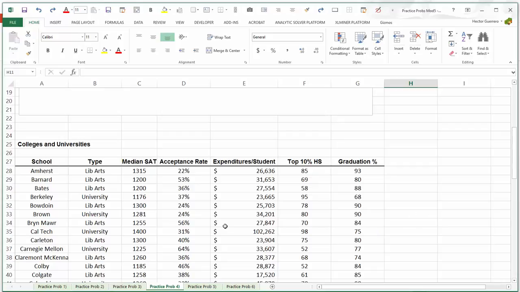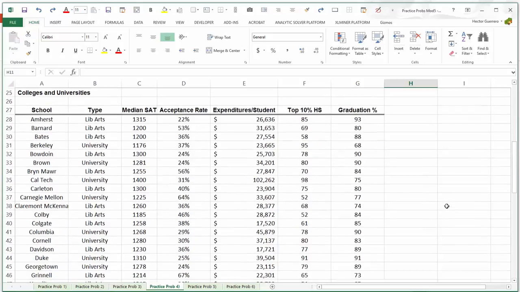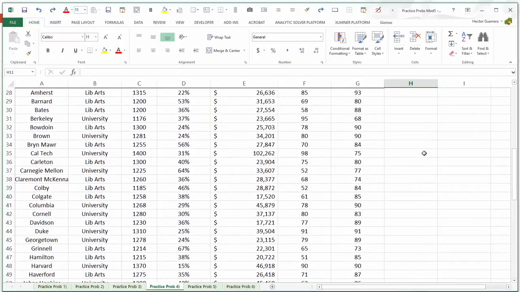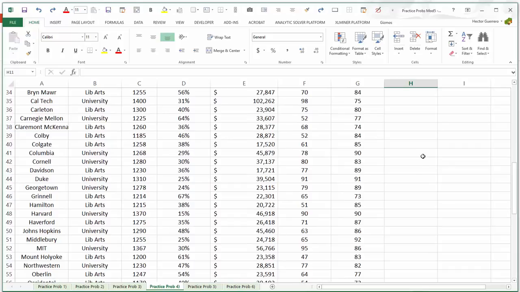But we've selected median SAT and acceptance rates, which are really quality measures about how the school accepts students and the quality of those students that are accepted. For example, Amherst accepts a very small proportion of students who are very highly qualified, with a median SAT of 1315. This is an old SAT, back when SATs were based on 1600 or something. Let's see if we can find a school with a lower acceptance rate.